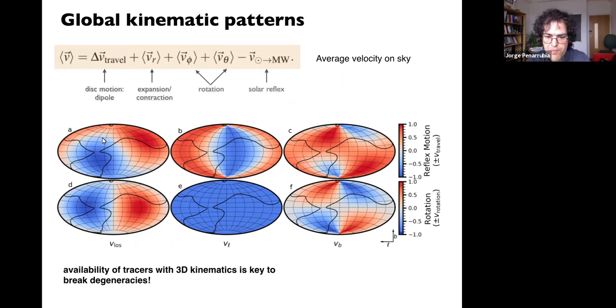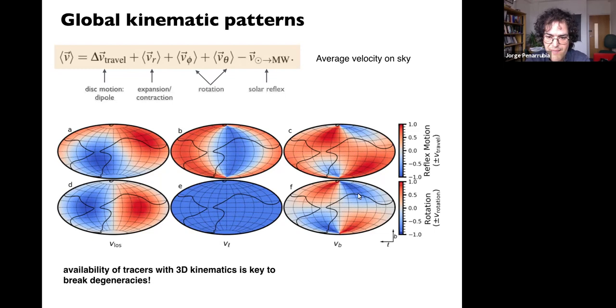And something I wanted to point out, which was very important, is that it would be difficult to distinguish the top model, which is a dipole, basically translation, the motion of the disk, from pure rotation in the stellar halo. So you see that the line of sight velocities map will look very similar.